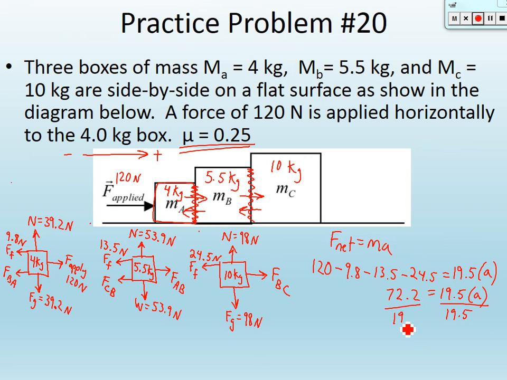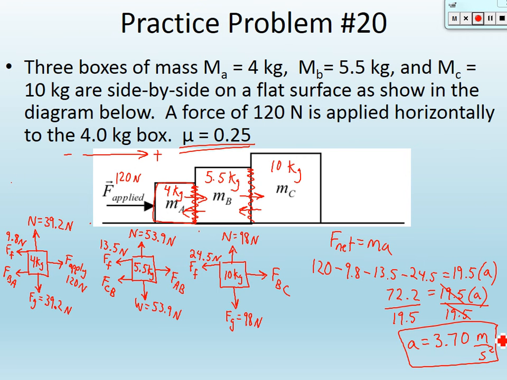It cancels out on the right side, so acceleration is equal to 72.2 divided by 19.5. So the acceleration of this system is 3.70 meters per second squared. Did anyone get that? Yeah, good job.